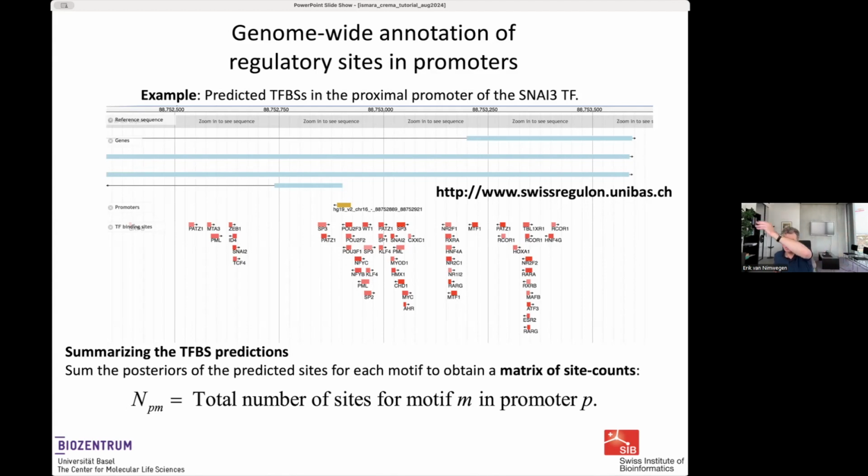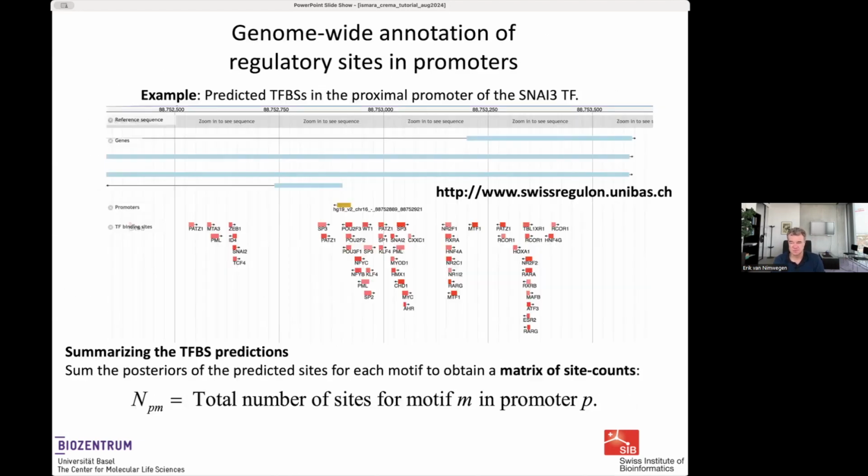And then the columns correspond to the different binding motifs, so the different transcription factors. We have maybe 500 of those. And the entries, for promoter P and motif M, the entry is the total number of binding sites that occur in promoter P for motif M. And it's the sum of the posterior probabilities of all the binding sites.